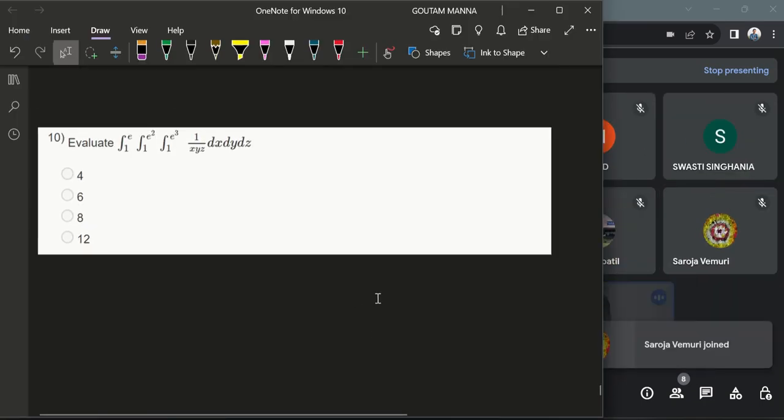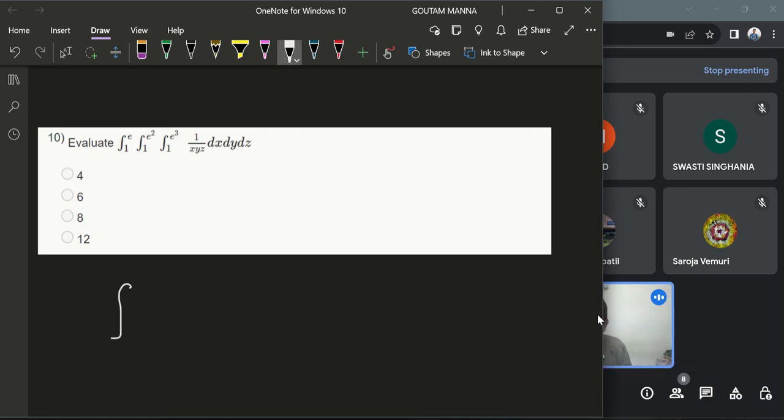Okay, so the last one is a very easy problem. The last one is 1 to e: for z integration this term, for y integration this term, and for x integration this limit.